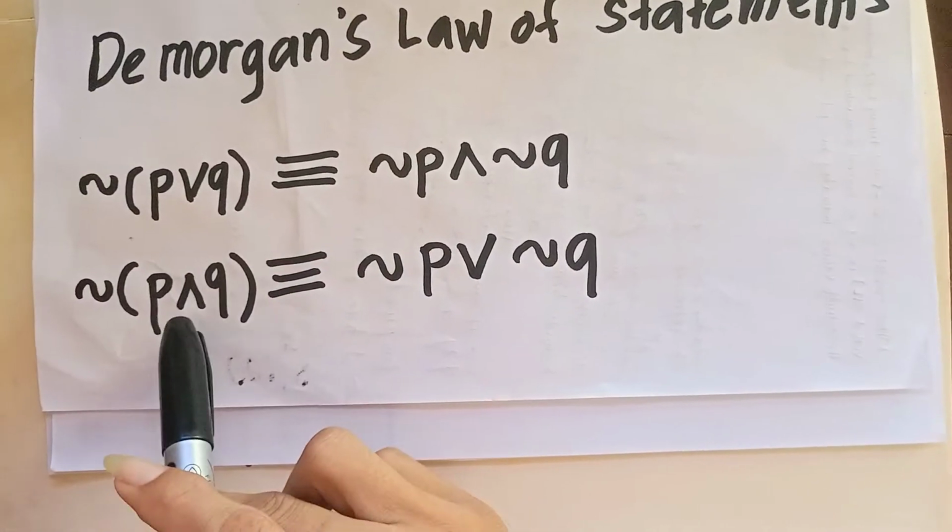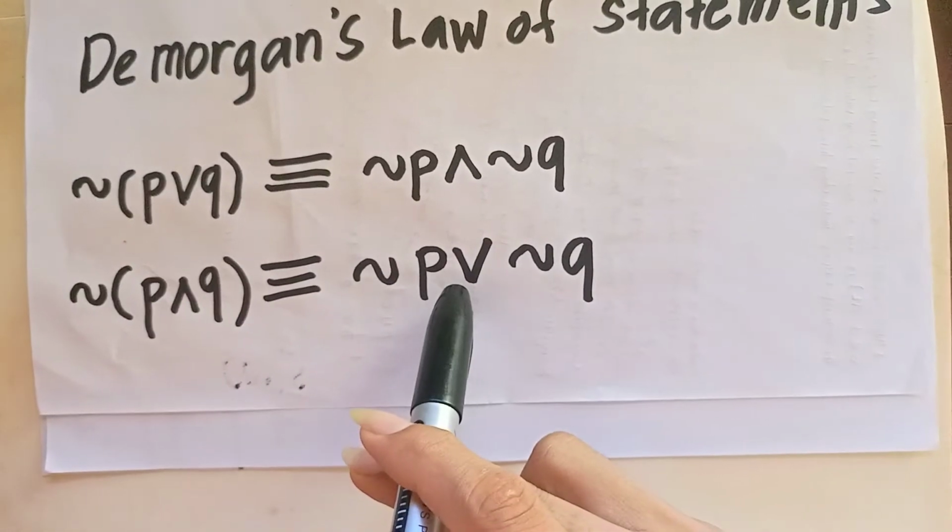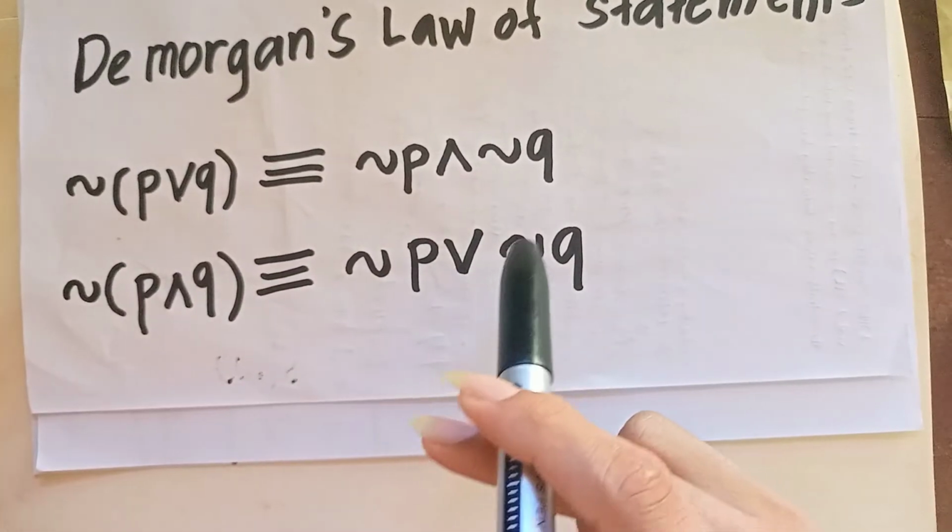Then if the given is AND, then the equivalent statement is OR.